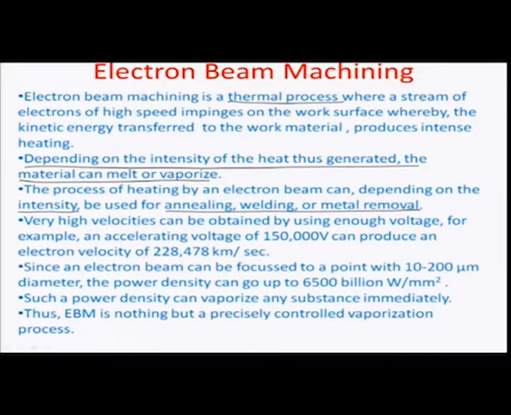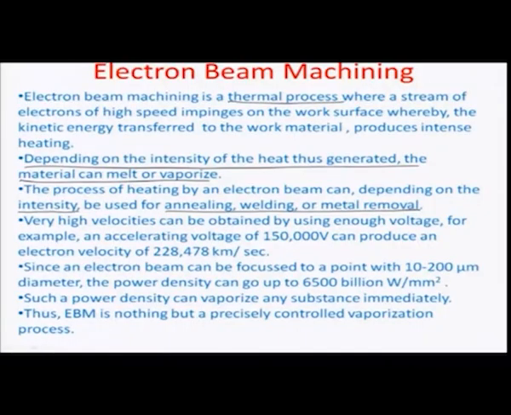So, just some facts and figures about the electron beam machining. Typically, you have to have very high velocities of the electrons coming out from the source, and the kind of velocities that those electrons would have could range in several tens of thousands of kilometers per second, if you apply a suitably high accelerating voltage to the electrons.